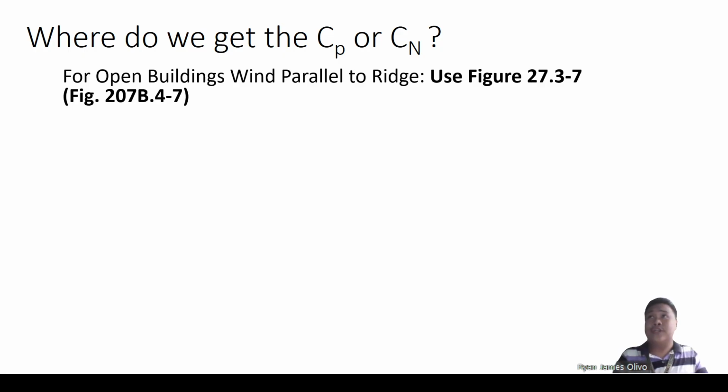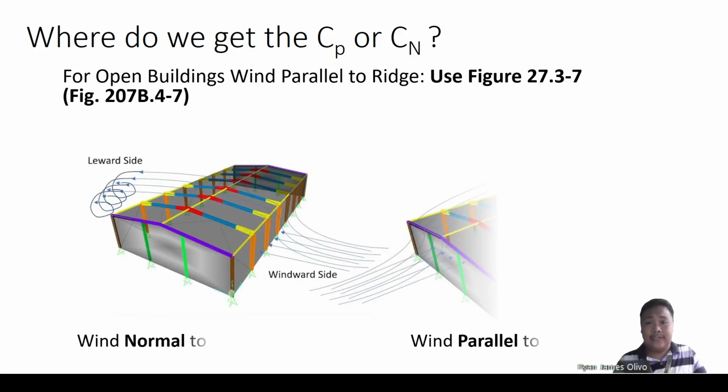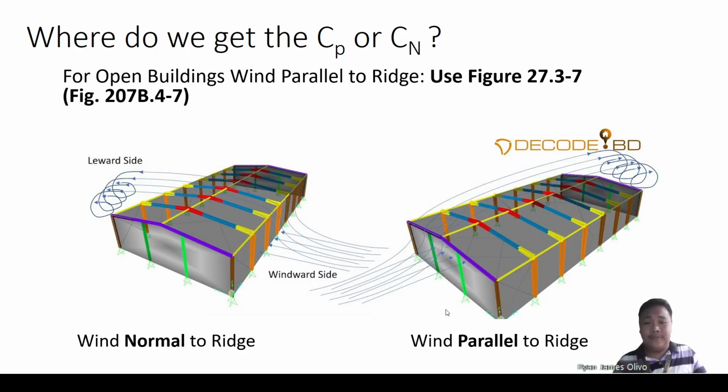For enclosure classifications of partially enclosed and enclosed buildings, the wind parallel to ridge is in figure 27.3-1. I will try to show you what we mean by wind parallel to ridge. The wind is blowing parallel to the ridge.